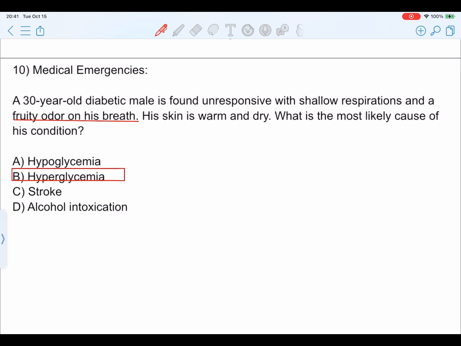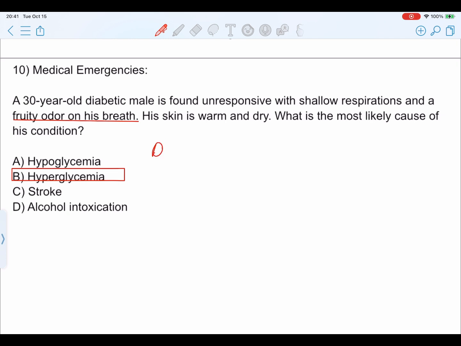And these ketones, combined with the elevated high sugar in the blood, can lead to a fruity odor, a sweet-smelling odor coming out of the patient from their mouth. So this fruity odor that it gives us as a sign should be setting off warning bells in your head, right?